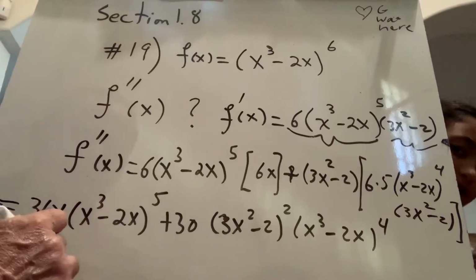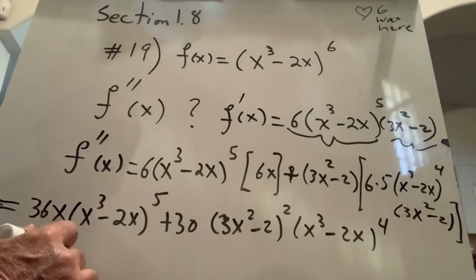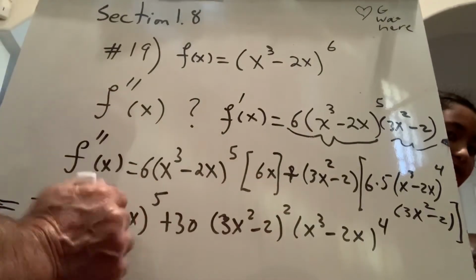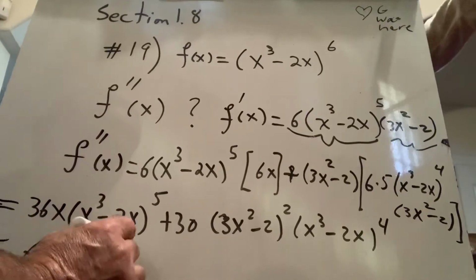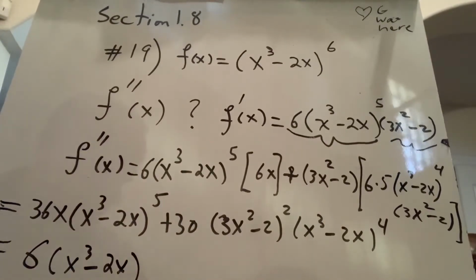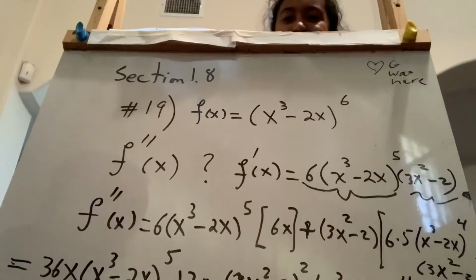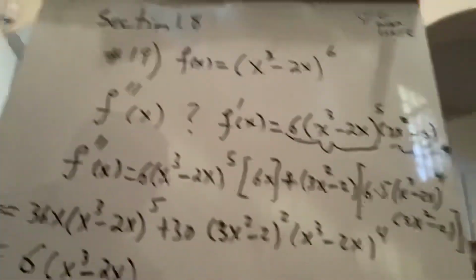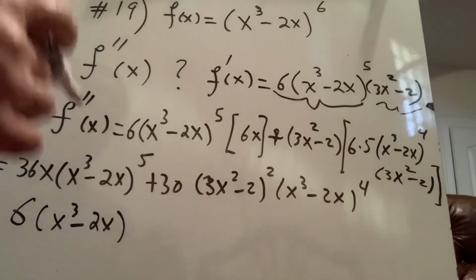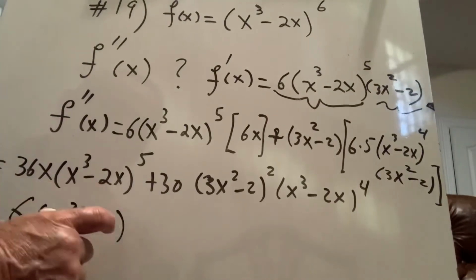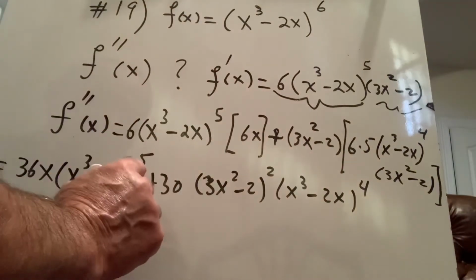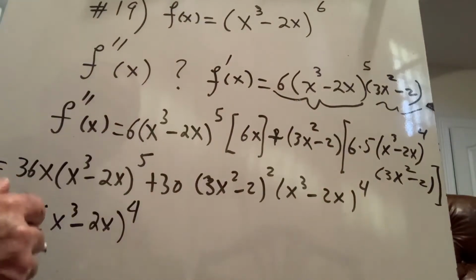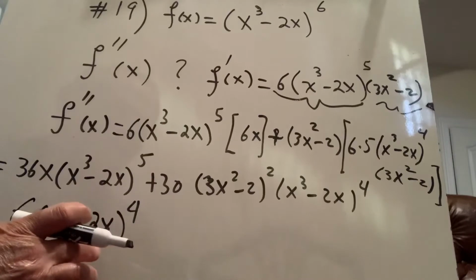So we're going to factor out 6, and then x cubed minus 2x to the fourth power, because we have the fifth power and then the fourth power. So we'll take that out, and that's pretty much what you can factor out.